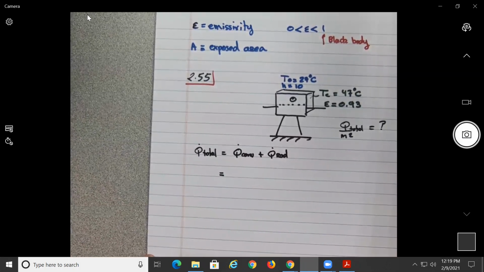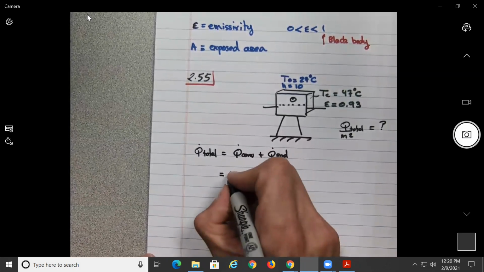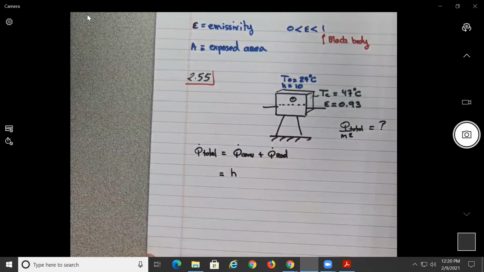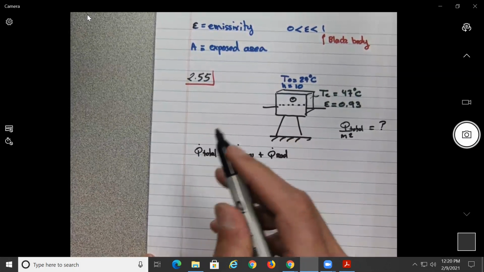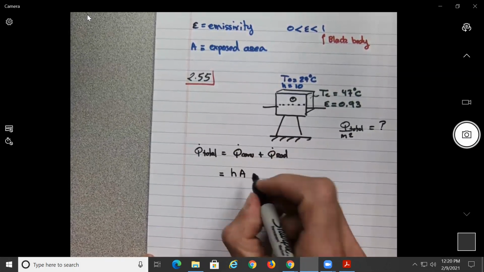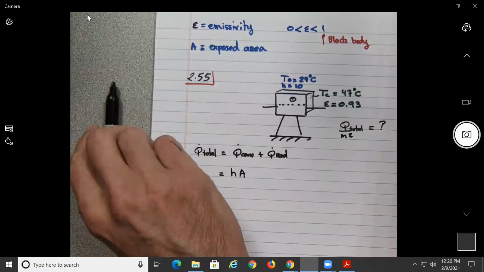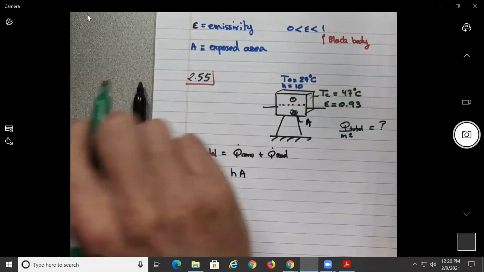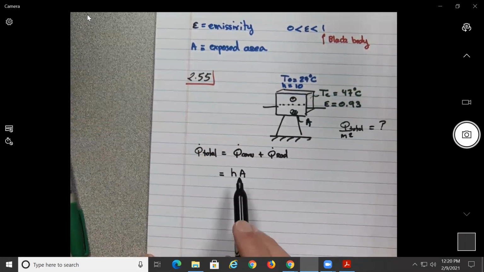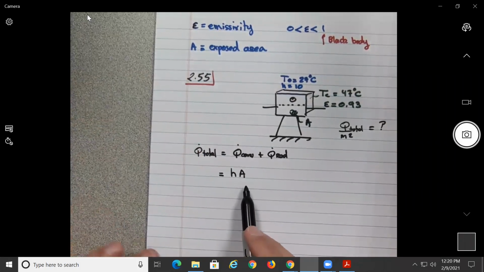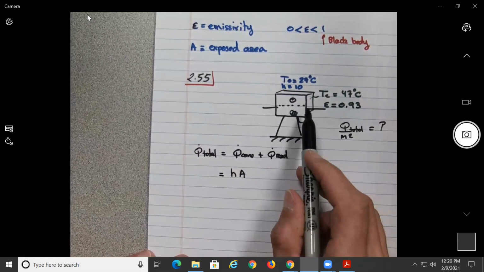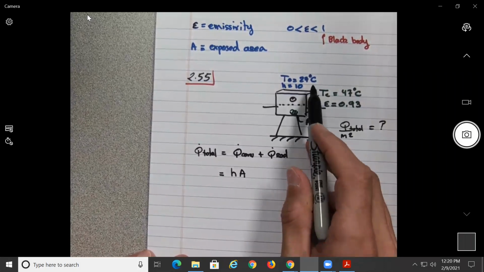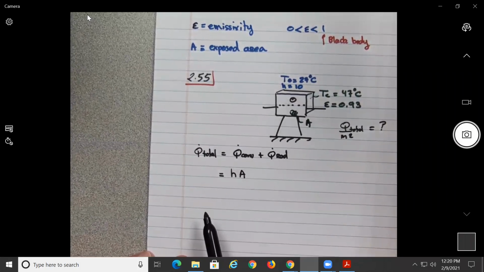So what is the equation for convection? It's H, the convection coefficient, which is given to us, times the area, the outside exposed area of the grill, that is A. And now it's the difference between the temperature of the surface of the grill and the air.